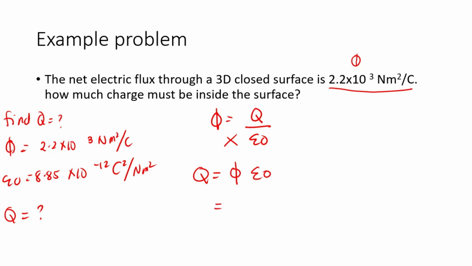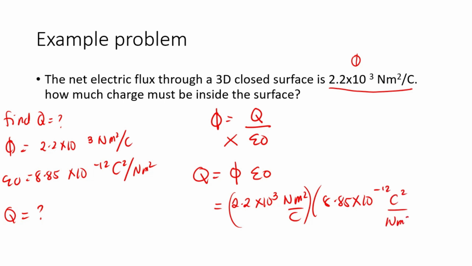Substitute, we have 2.2 times 10 raised to 3 Newton meter squared per Coulomb times 8.85 times 10 raised to negative 12 Coulomb squared per Newton meter squared. So, cancel out yung Coulomb squared and Coulomb dito, and yung both Newton meter squared natin. Therefore, your Q is equal to 1.95 times 10 raised to negative 8 Coulomb.